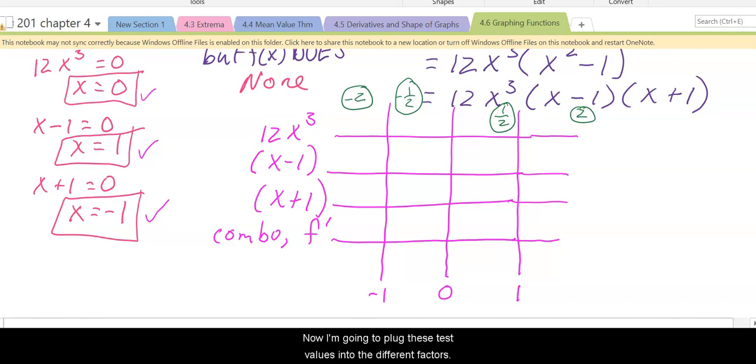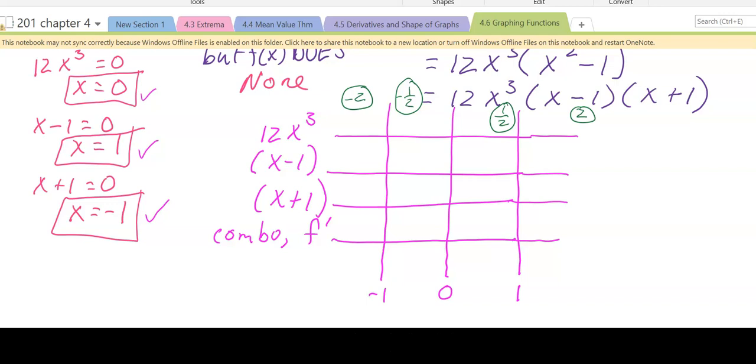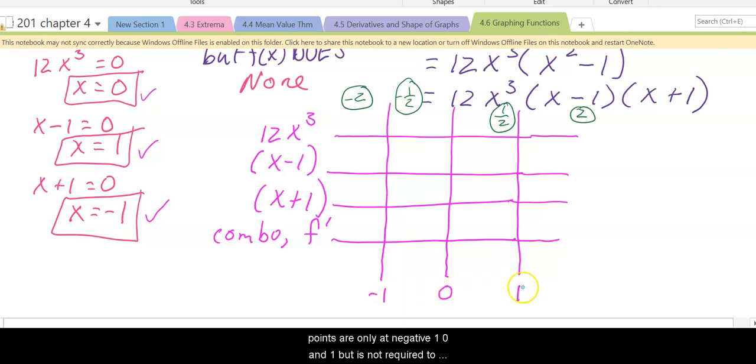Now I'm going to plug these test values into the different factors and determine whether they are positive or negative at that test value. Because the derivative can only change sign at critical points, or only at -1, 0, and 1, but is not required to change sign there, we know that within each of these regions, it has to maintain only one sign.